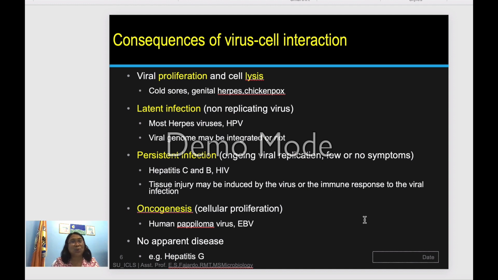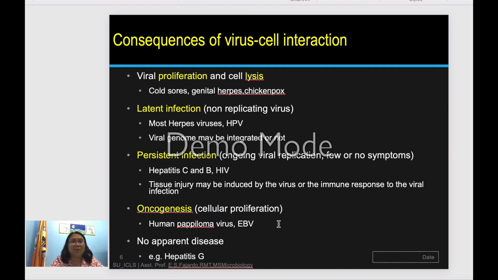And sometimes you notice that in infections like viruses that can cause transformation, but it is also observable in persistent infection. Another is oncogenesis. So for viruses that keep on proliferating and the target is the transformation of the cell that they infect, then it will end up transforming your healthy cells into cancer cells or tumor cells.